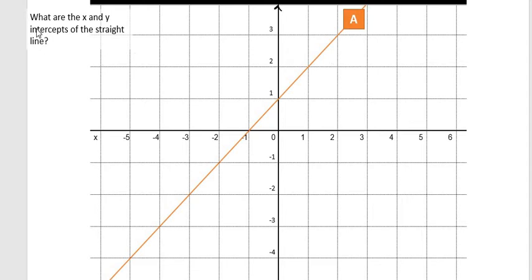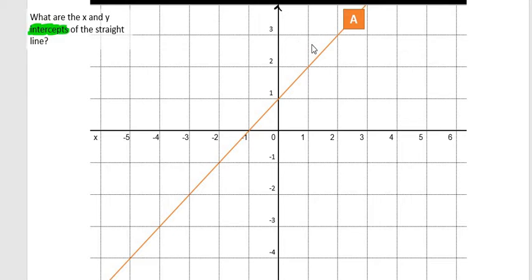So the word we're looking at is intercept, right? We can also say intersects, but we're looking at intercept because there's a special name given to where the graph cuts or intersects the x and y axis. We call it the y-intercept for where the graph intercepts the y-axis. We call it the x-intercept for where the graph intercepts the x-axis.